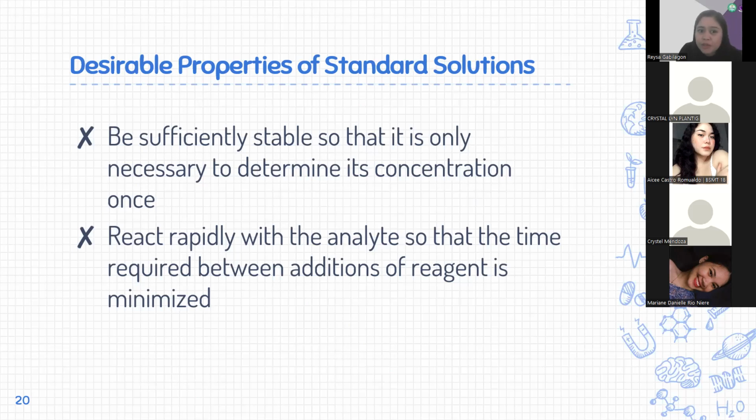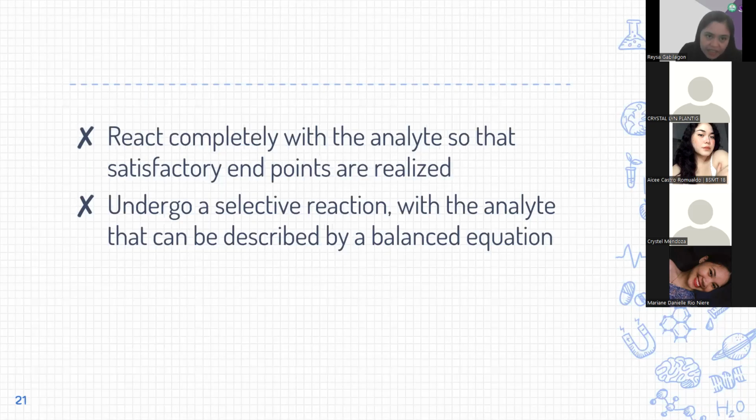So number one, it has to be stable para ma-determine talaga yung concentration kahit isang beses ka lang mag-titrate. Ayun na, ma-establish mo na agad yung concentration niya. And at the same time, it should react rapidly doon sa analyte natin. Okay? So, hindi ka mag-a-add ng maraming amount ng solution before mo makuha yung endpoint. So again, number one, dapat stable si secondary standard. And number two, kailangan mag-react siya agad with the analyte.